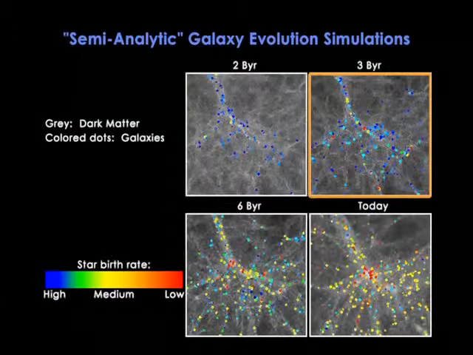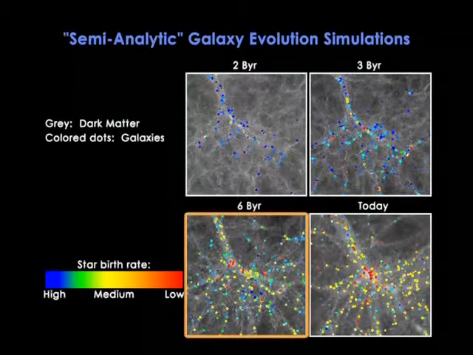Let's come forward in time. More galaxies form, and in many, the gas is blown out, so star birth ceases, and the population of stars ages. That aging population is color-coded green, orange, and red for the oldest population.